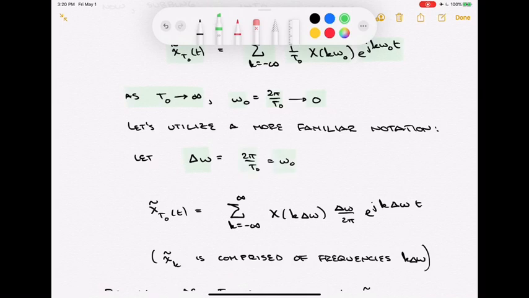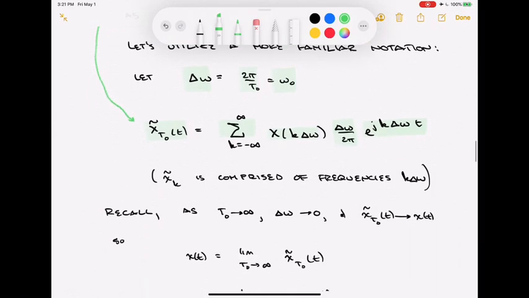So I can rewrite that equation: x tilde sub t naught of t is a summation from minus infinity to infinity of x of k delta omega, times delta omega over 2 pi, which is just substituting in for t naught, times e to the j k delta omega t.